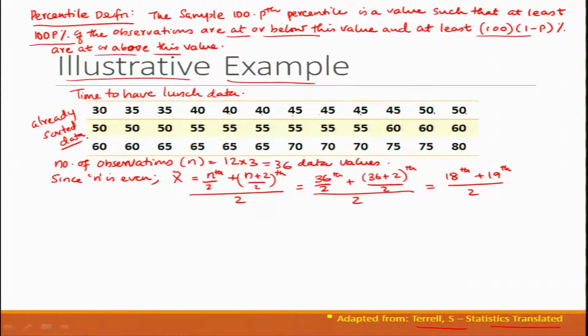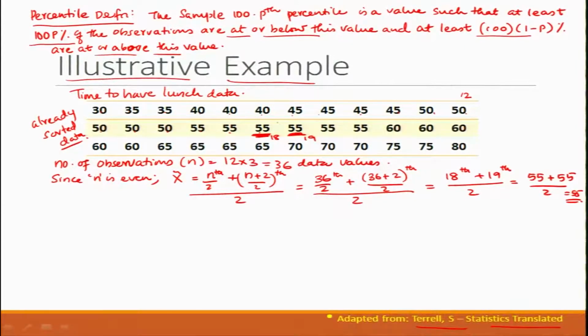The first row is 12, then 13, 14, 15, 16, 17, 18. So, this is the 18th observation, and this is the other one, the 19th observation. The median can be calculated as 55 plus 55 by 2, which is equal to 55. Both the values are identical, so the median is 55.